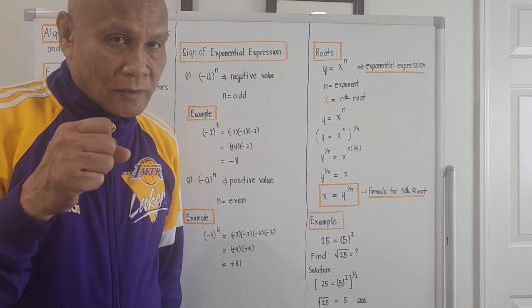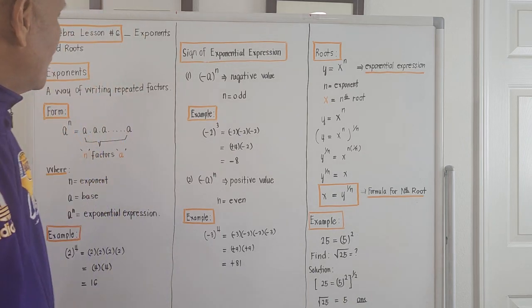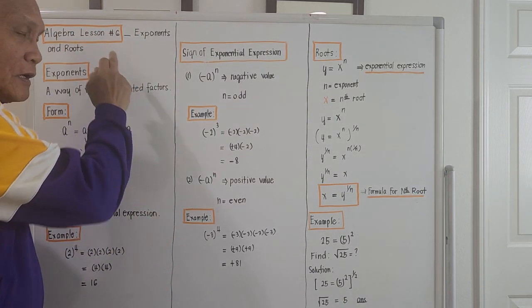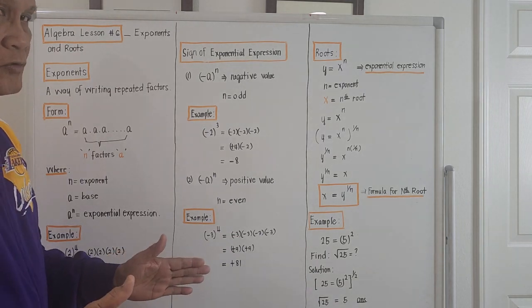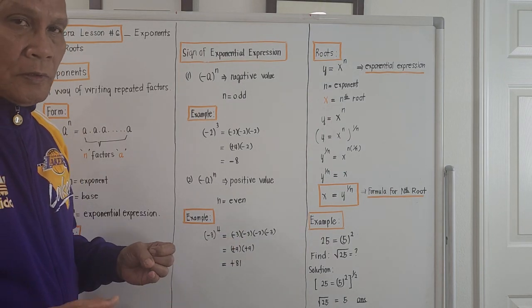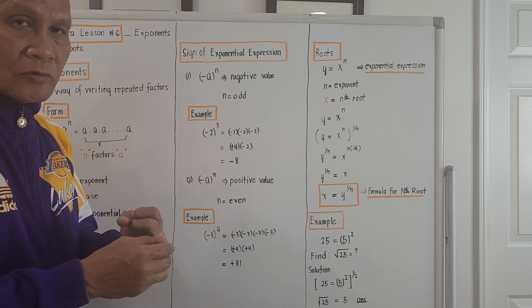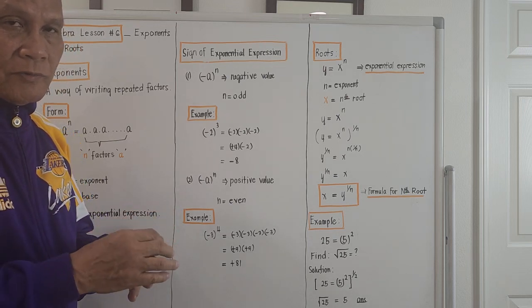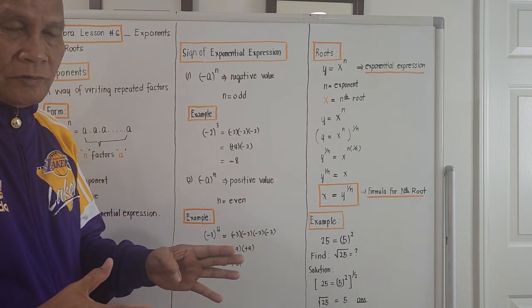My topic for this morning will be algebra, and this will now be lesson number six. The title of the subject matter is a continuation of the fundamental operations. We are done with addition, subtraction, multiplication, and division, even the order of operations.